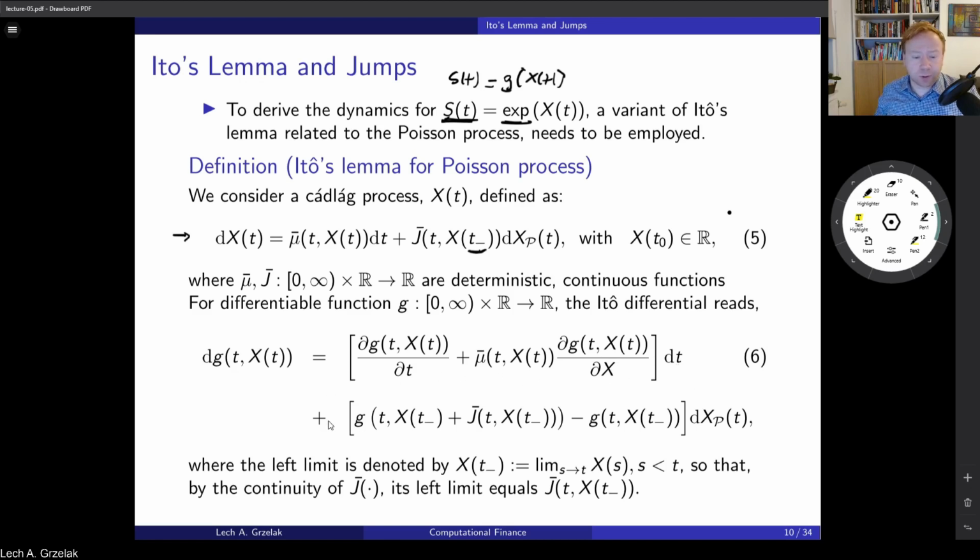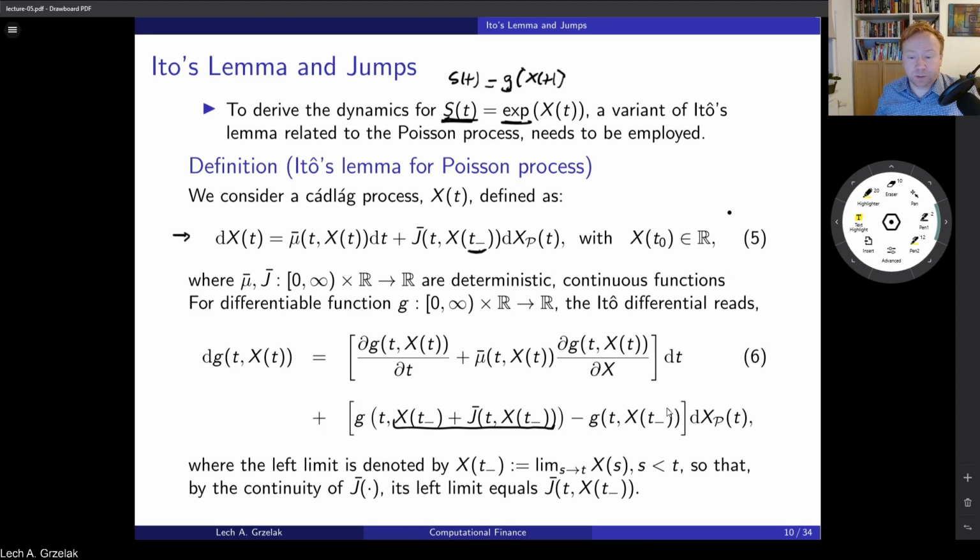And now the most important element is the one which corresponds to the jump part. Here we have g at time t where we have xt minus plus the jump. You see that's a comma, and the whole thing is one expression. So this is evaluated at t with a value equal to the time just before the jump, including the jump. And here we have a minus.